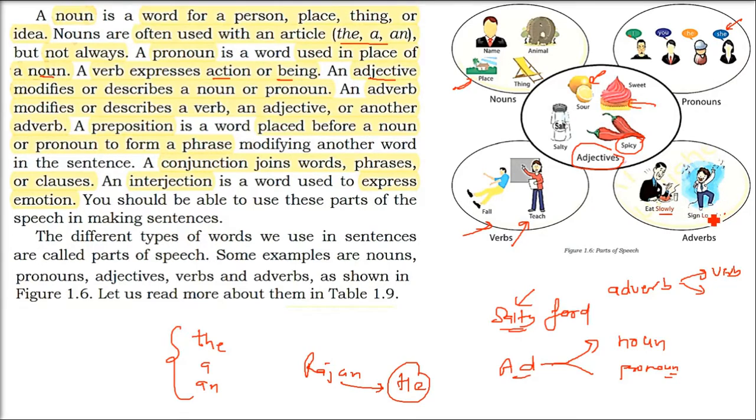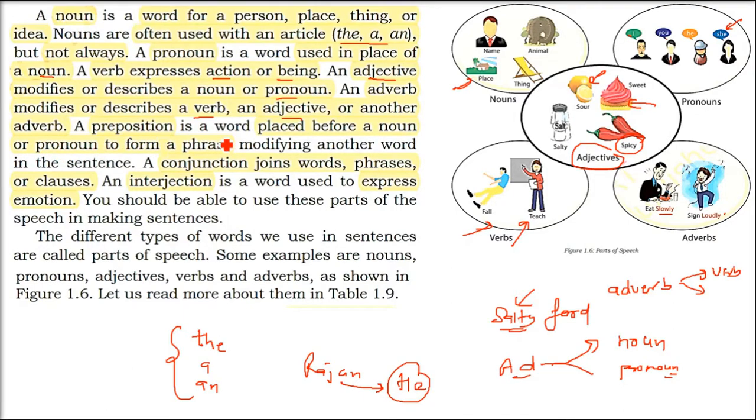So these are adverbs which are modifying and describing the verb, adjective, and another adverb also. Right? So these are the basic ones, then there are others also. Please remember, adverb for verb, adjective, another adverb.